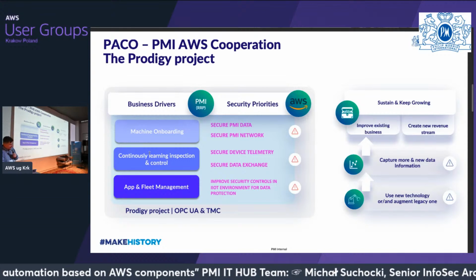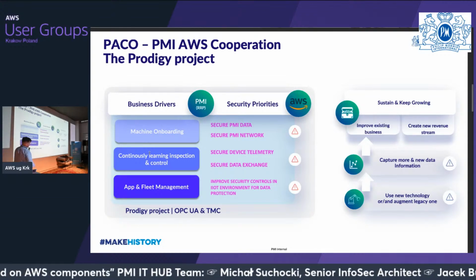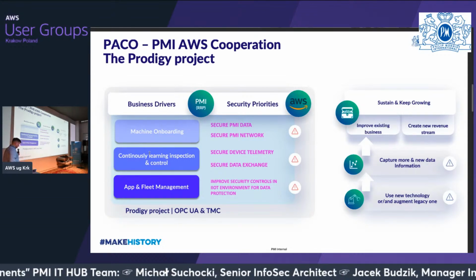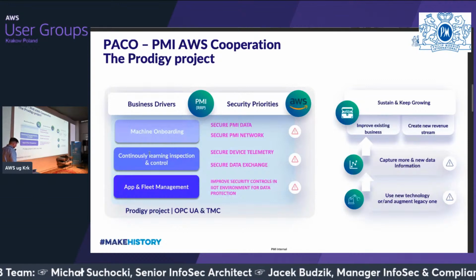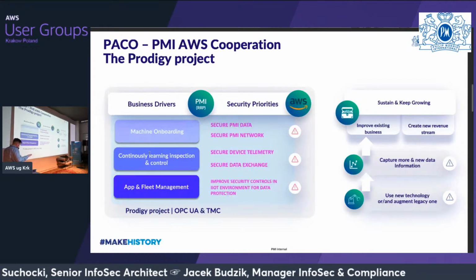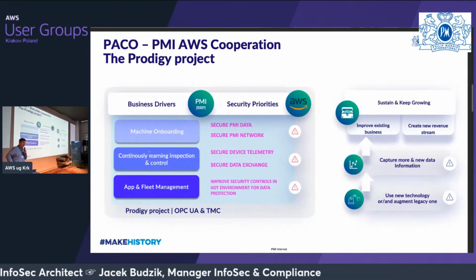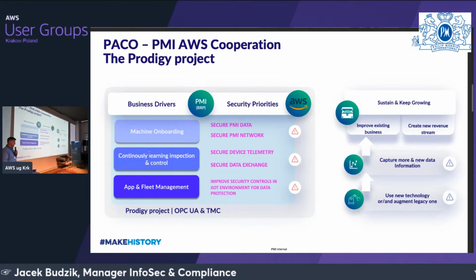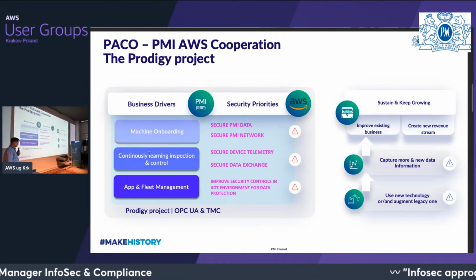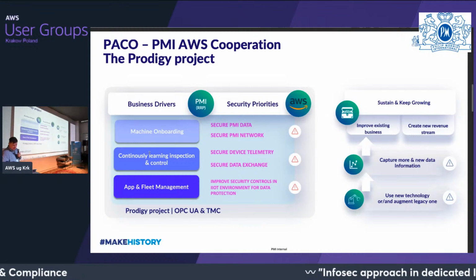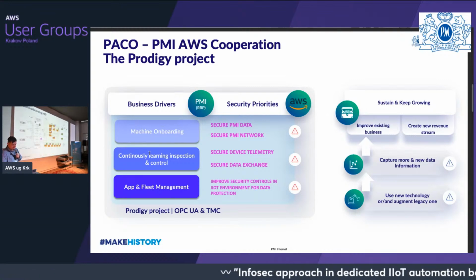So I will focus only on machine onboarding. Also, it's worth mentioning that this project is ongoing, so I'm sharing as much as I can share from what we already built. And let's see what this machine onboarding looks like.